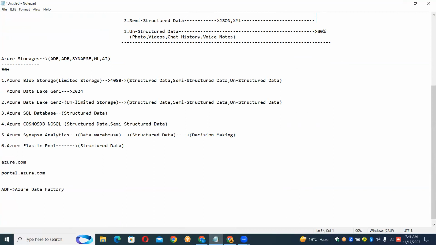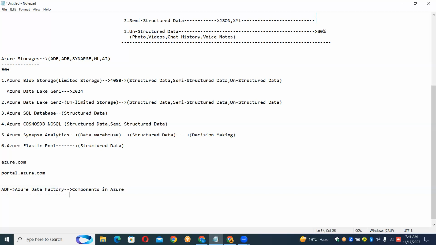Azure Data Factory includes the following. First of all, to know Azure Data Factory, you must know the components in Azure.